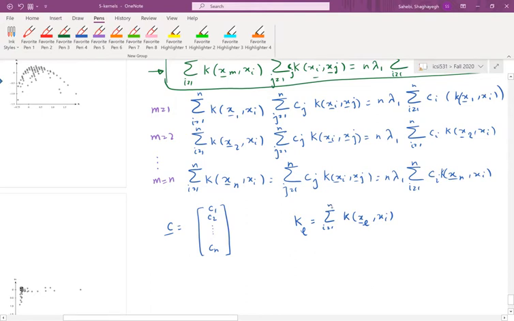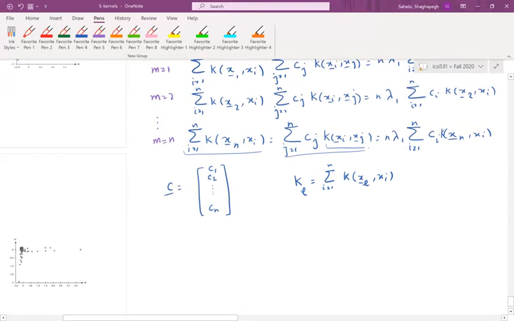Okay, so that we do have these summations, and so that we can represent them more easily. If I define this, basically k sub l is going to be a summation of a row of my kernel matrix, or a column of my kernel matrix, right?